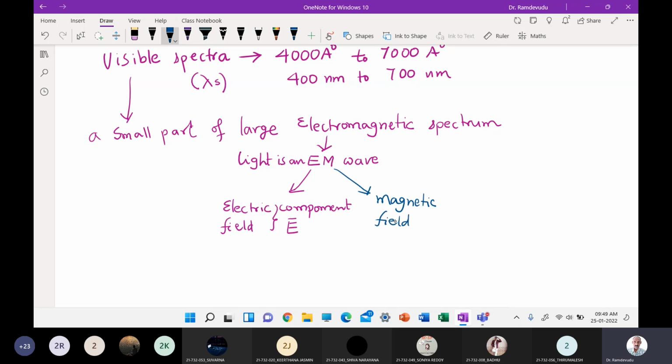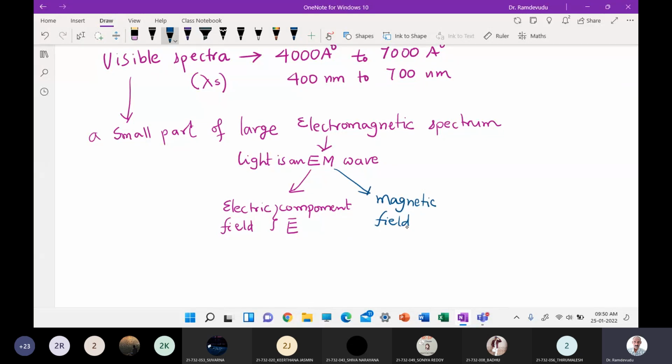But as it is a transverse wave, these electric and magnetic components are perpendicular to each other and perpendicular to the direction of propagation also. Because we defined a transverse wave as one having vibrations perpendicular to the direction of propagation. But here in electromagnetic waves, we have two vibrating vectors.